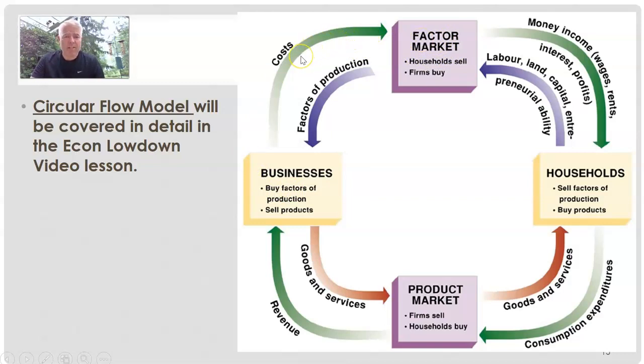These become the costs of production. The factors are then used to produce goods and services, which are then sold in a product market in exchange for business revenue. This whole model will be covered in great detail in a separate lesson that you'll be doing asynchronously. We will come back and talk about this again in a live lesson in the future.